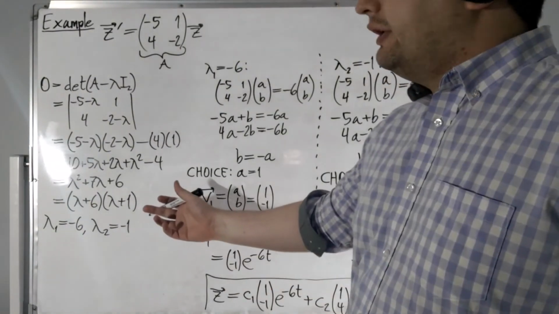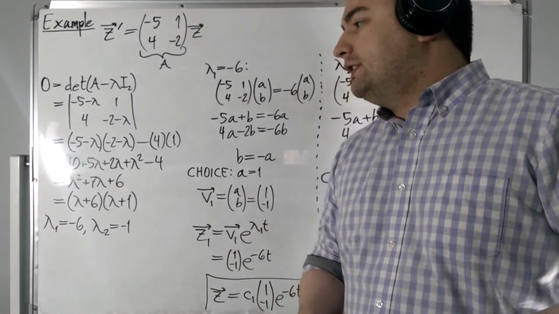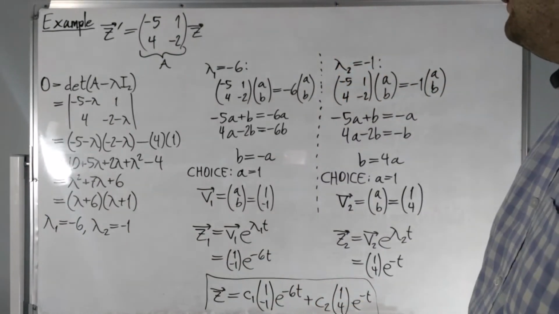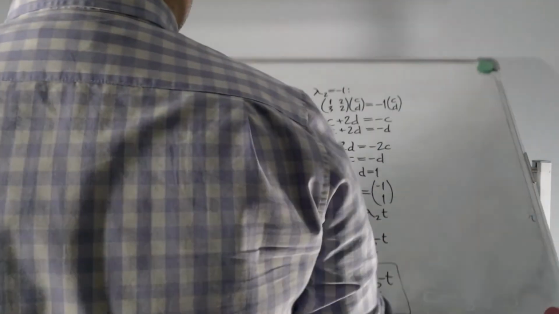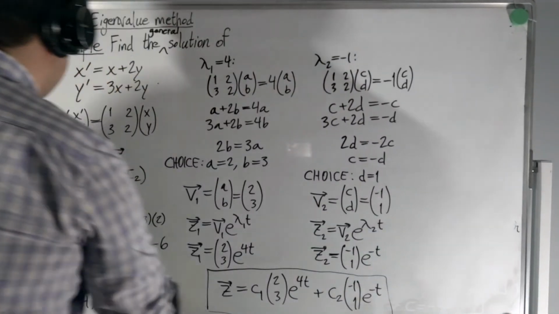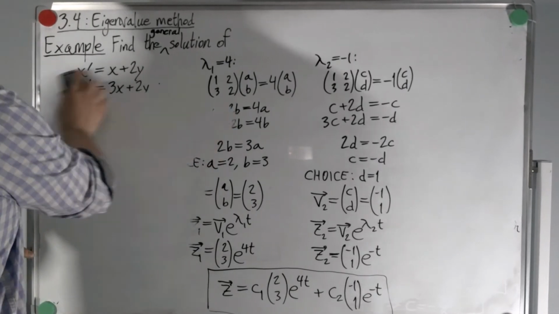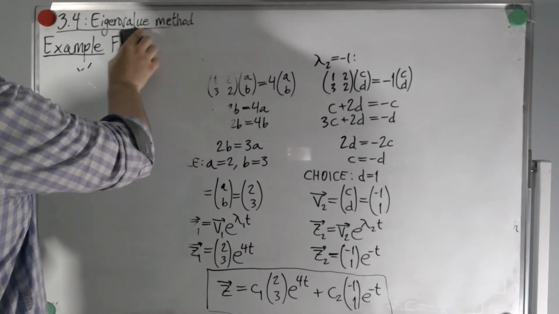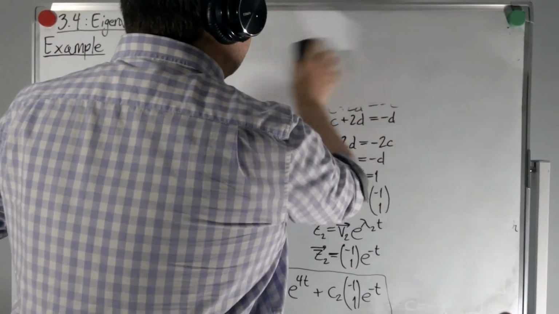Now, as I said, the eigenvalues are not always real and distinct. So let's do some examples where you have complex eigenvalues. In that case, we're going to have to use Euler's formula to convert them into a better form. The directions are still the same: find the general solution.